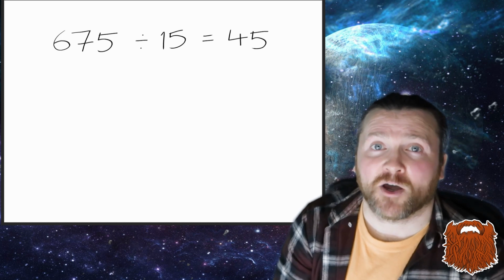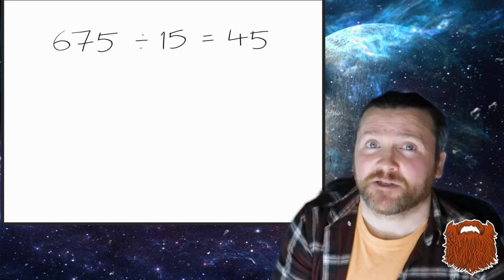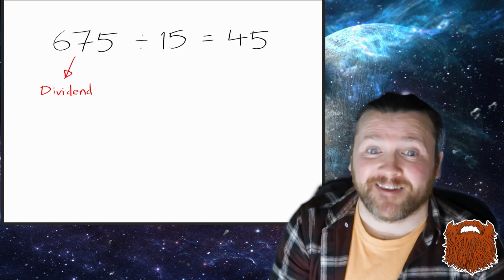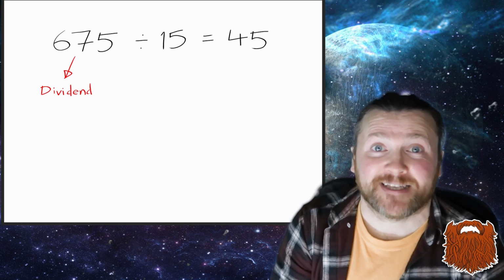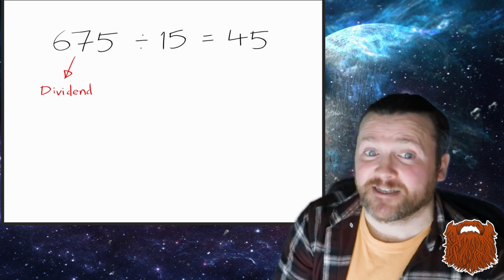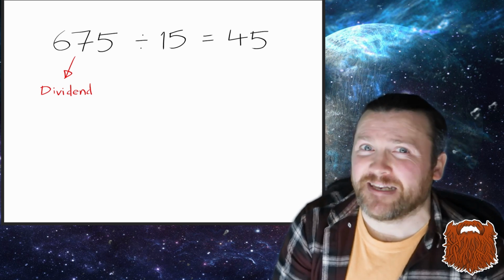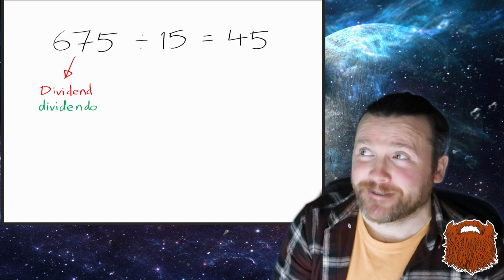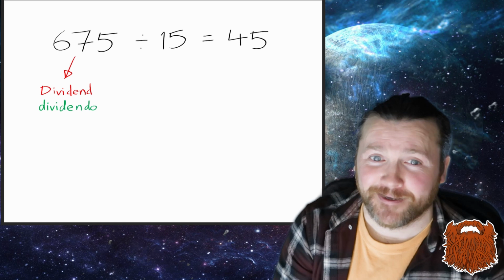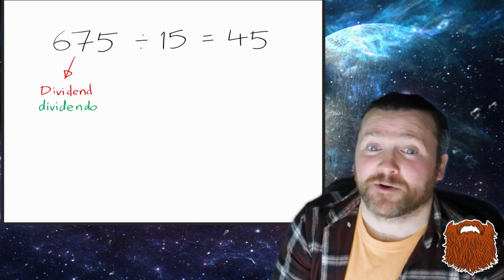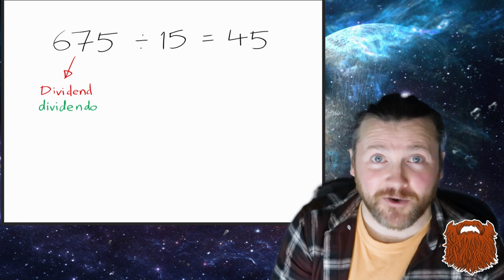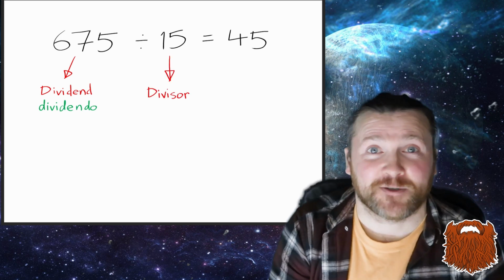So if I had a bag of sweets that I was giving to 5 children, then the dividend would be the number of sweets in the bag. And in Spanish, dividend is dividendo. Hopefully I pronounced that properly. Okay, so the next part is the divisor, or in Espanol, divisor.